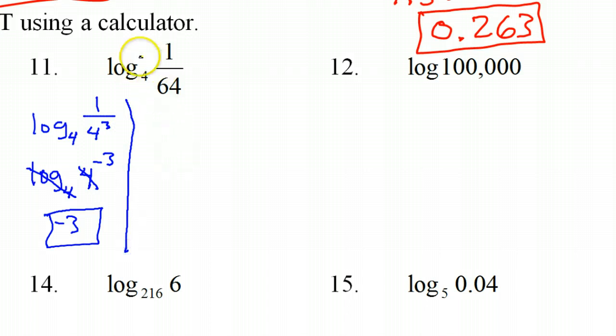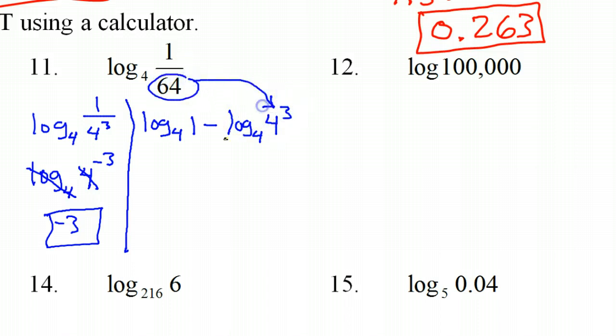But here's another way. You could use the quotient rule, the quotient property. So you could write log base 4 of 1 minus log base 4 of 64, of course, being 4 to the third power. Log base 4 of 1 is 0. 4 to the 0 power is 1.